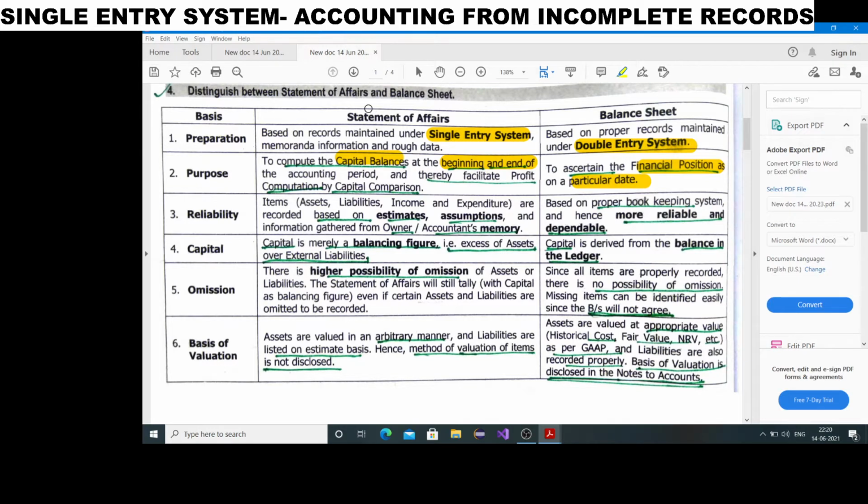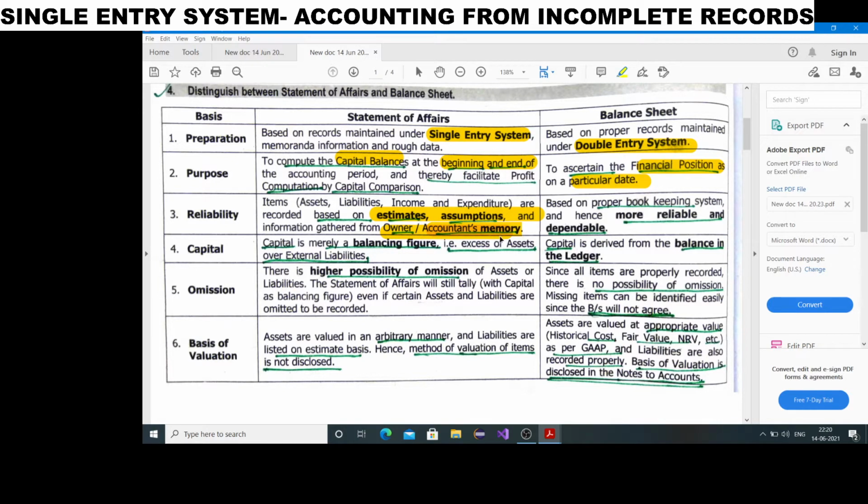Reliability: statement of affairs is prepared from incomplete records, so it's not more reliable, right? It's totally based on estimates and assumptions of the owner or the accountant's memory. Accountant's memory comes in when, supposedly, you have lost your records due to fire.